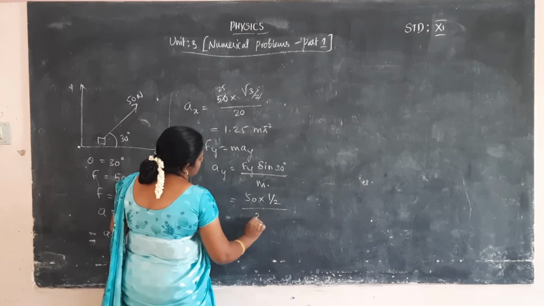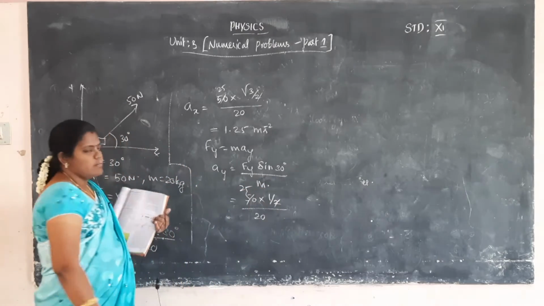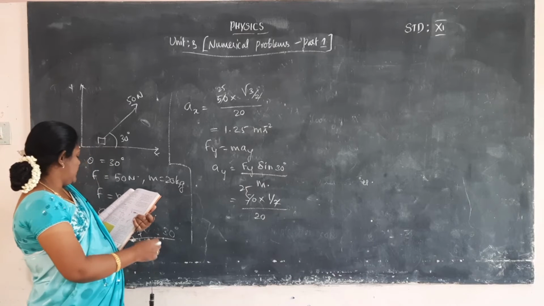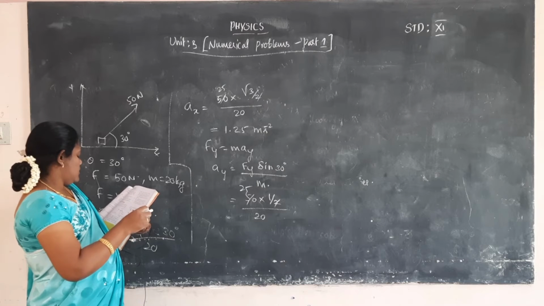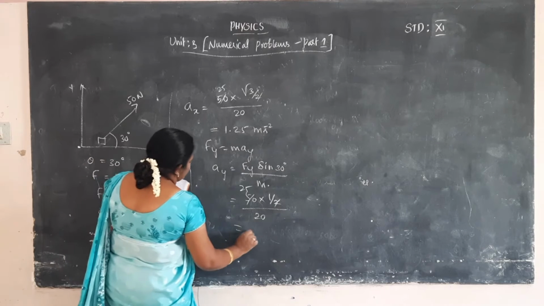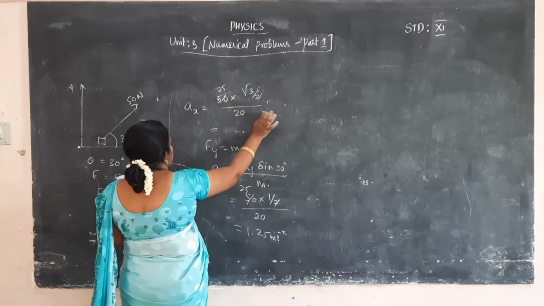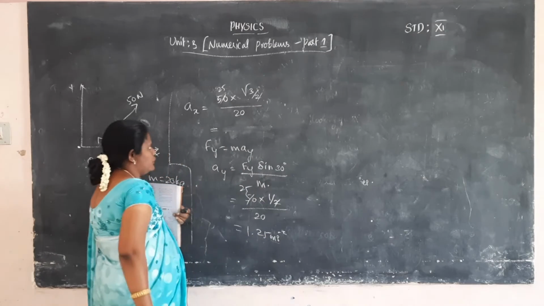By 20. Again 25 by 20, that is 1.25 meter per second square. Actually, the answer is not 1.25, because 25 by 20 is only 1.25.